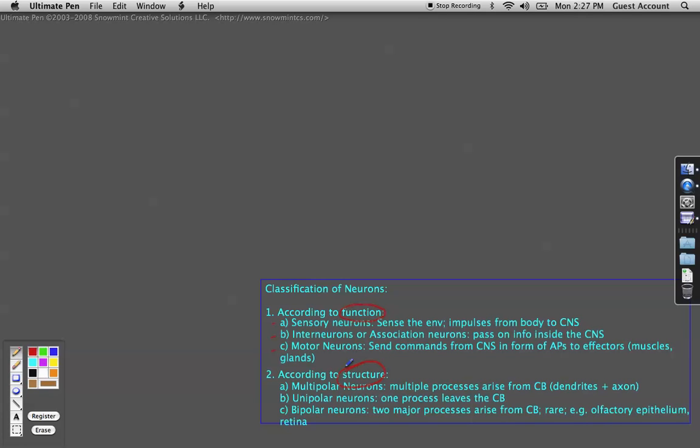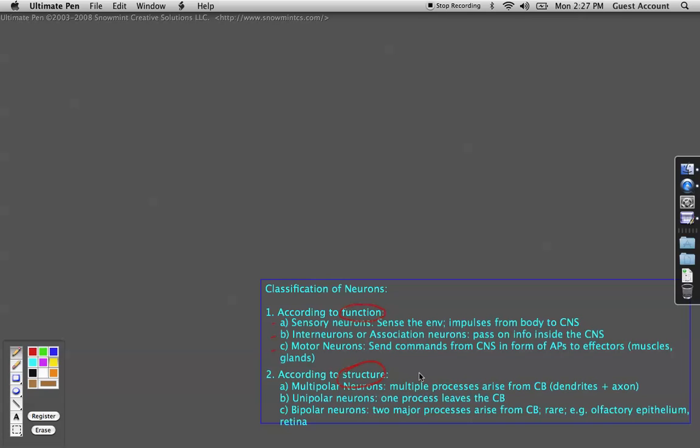If we focus for a moment on the sensory neurons, remember what they do. They sense the environment, meaning they are the neurons responsible for picking up stimuli. A stimulus is any change in the environment, whether that environment is the external environment or your internal environment.